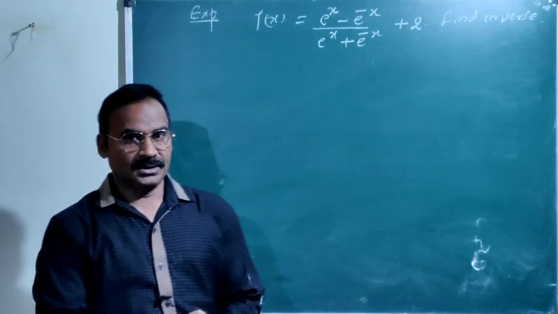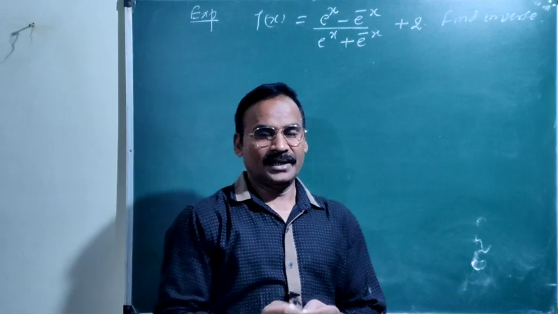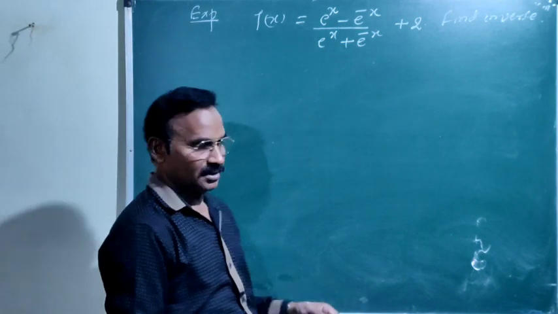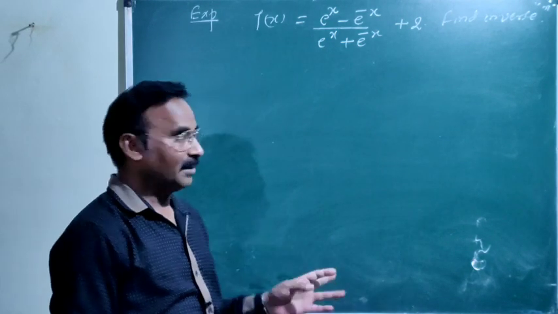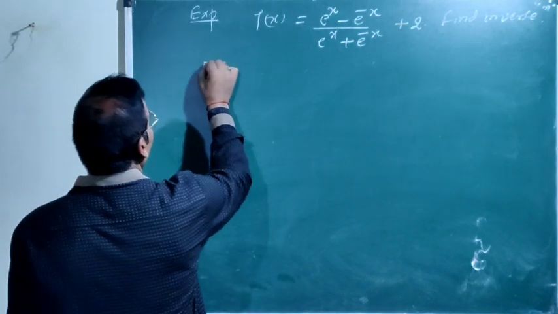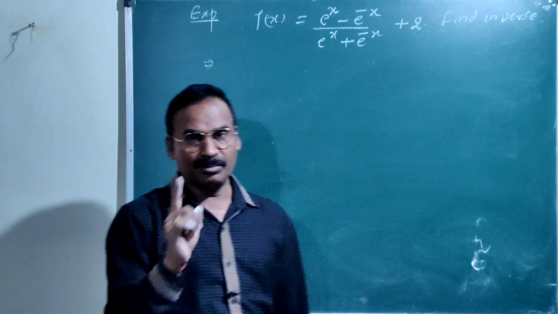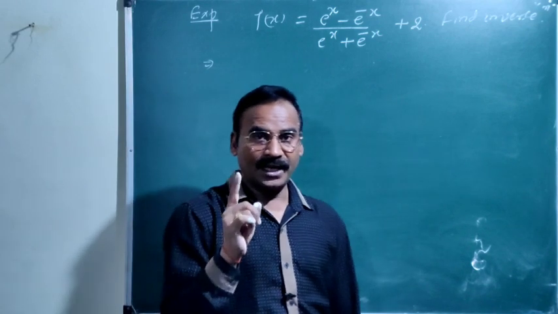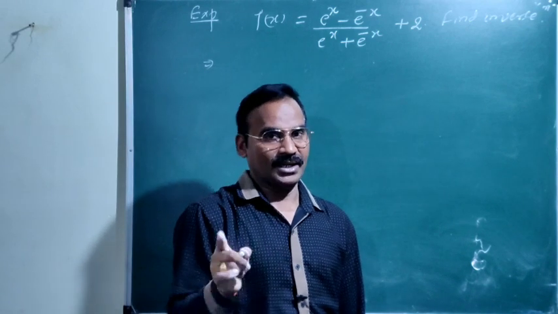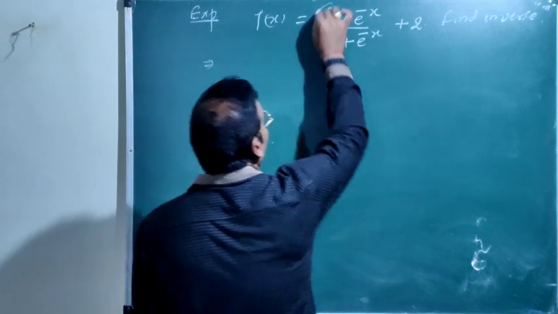This is the problem. I think this is a more challenging problem than whatever I have told, so don't worry. Remember the first process: take whatever is given, take y.